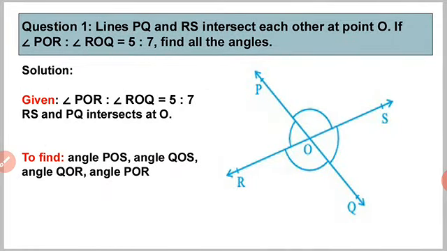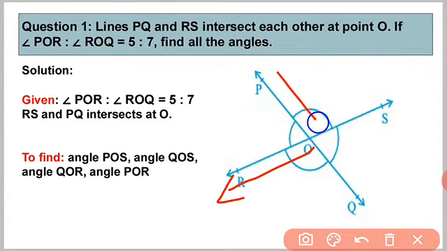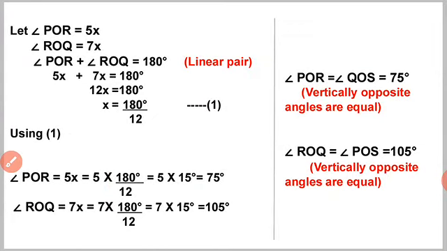Now we can see ray OR stands on line PQ. So these two angles will be a linear pair, so the sum of the angles will be 180 degrees. Substituting the values of angle POR and angle ROQ, we get 5x plus 7x is equal to 180.